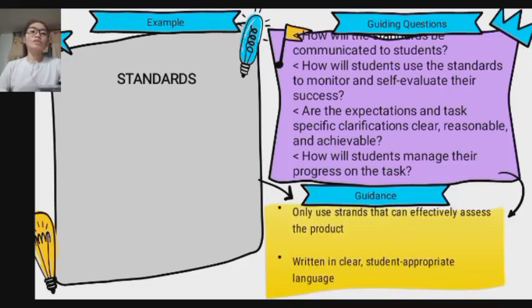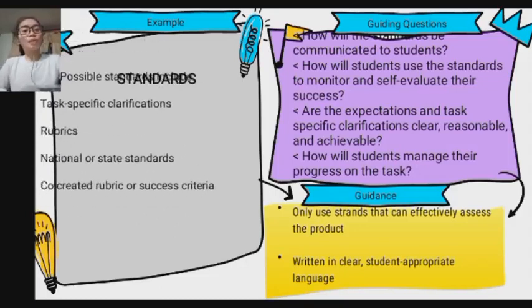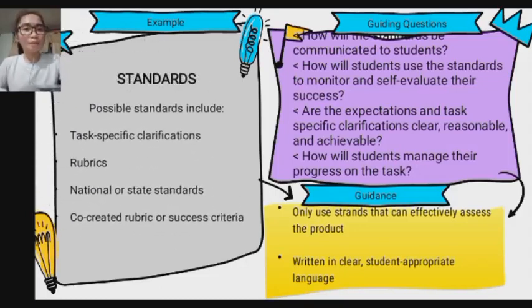It only uses standards that can effectively assess the product. It must be in a written, clear, student-appropriate language. So we have here examples. So possible standards may include task-specific clarifications, rubrics, national or state standards, or co-created rubric or success criteria.